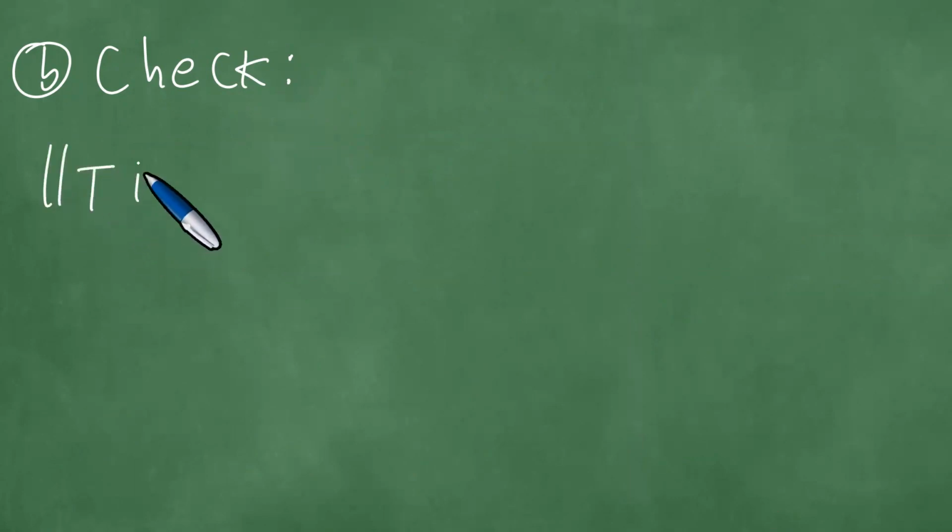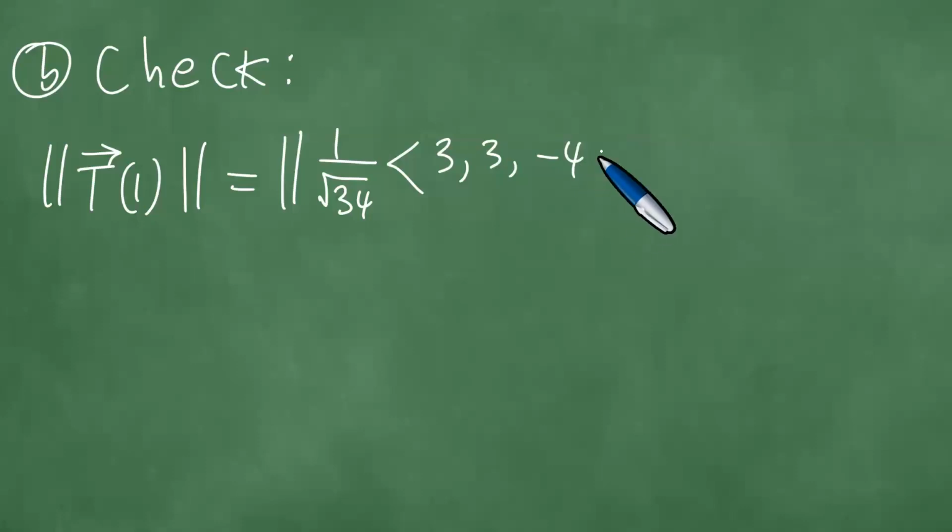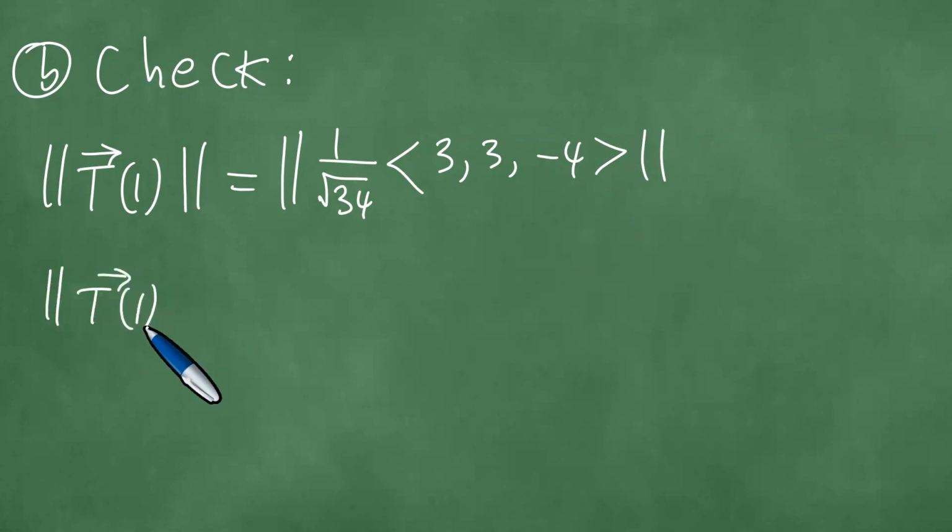T of 1 is 1 over the square root of 34 times 3, 3, minus 4, which is 1 over the square root of 34.